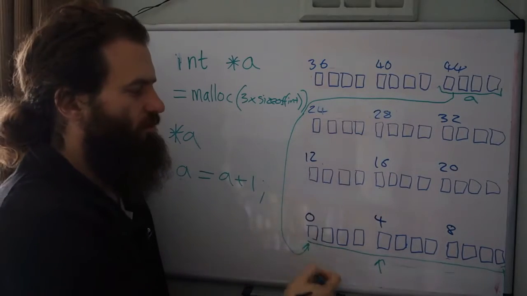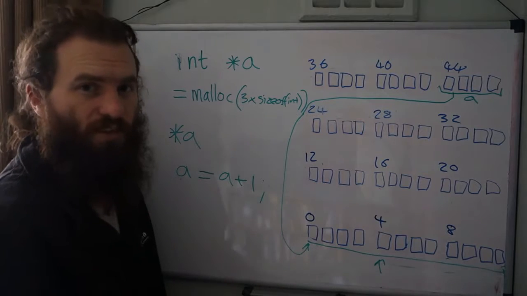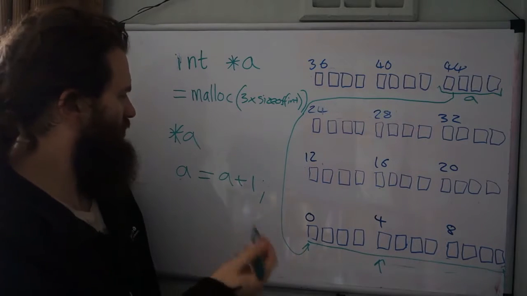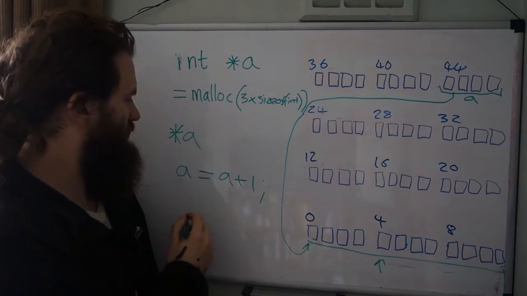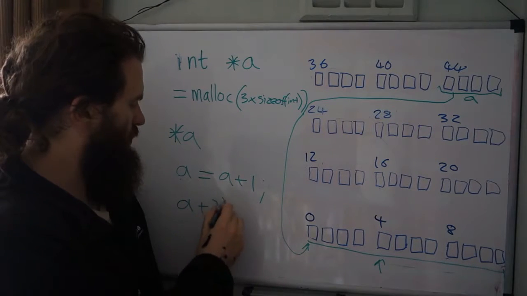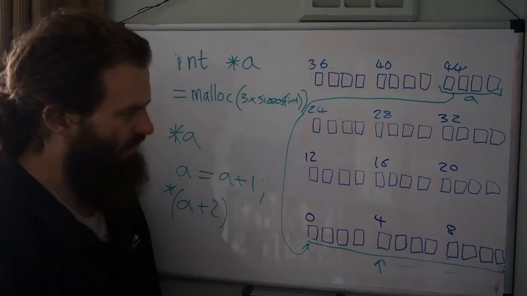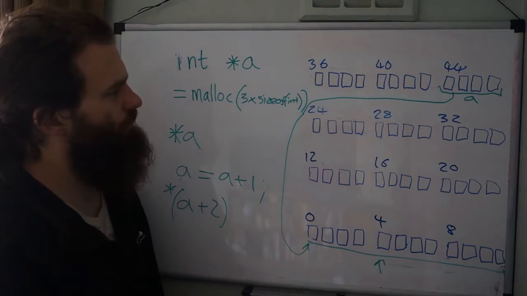The address value is incremented according to the size of the pointed-to type. This is called address arithmetic or pointer arithmetic, and you can do that with pointers, which is great. So you could do A plus 2, then dereference that, and get a value back.